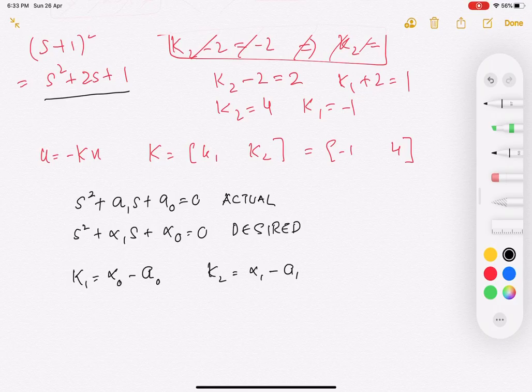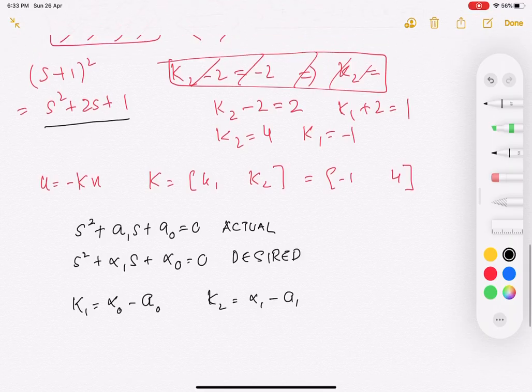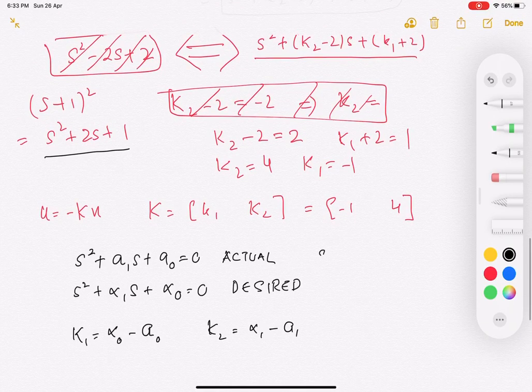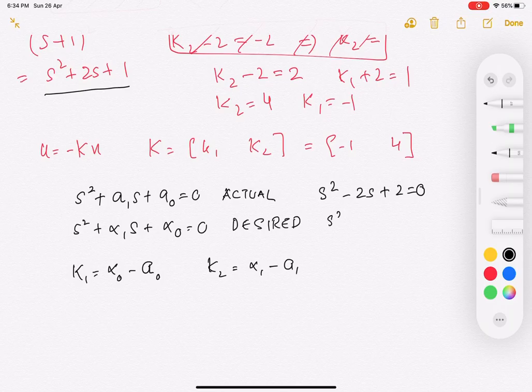So if you apply this formula here again, your actual characteristic equation in this case was s square minus 2s plus 2 equal to 0, and the desired characteristic equation was s square plus 2s plus 1 equal to 0.